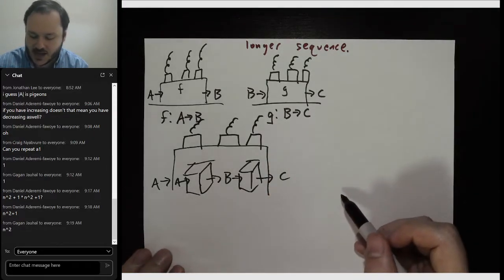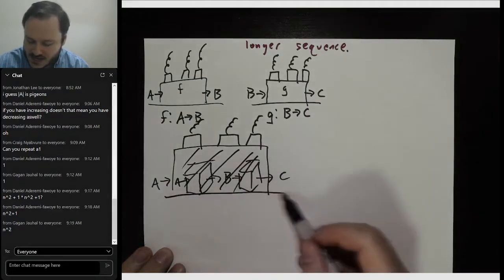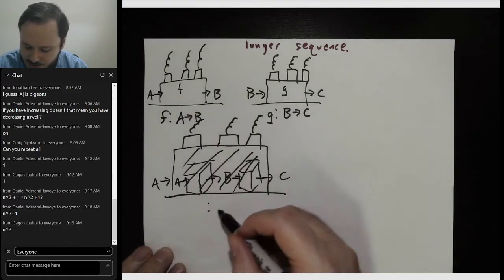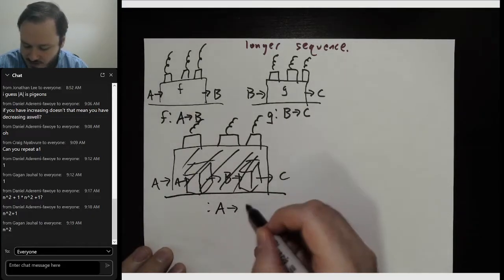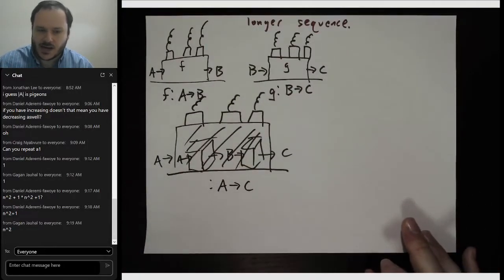And from the outside, you can't see the inner workings. All you see is A's going in and C's coming out. So we have a function here that turns A's into C's. And we need a good name for it.